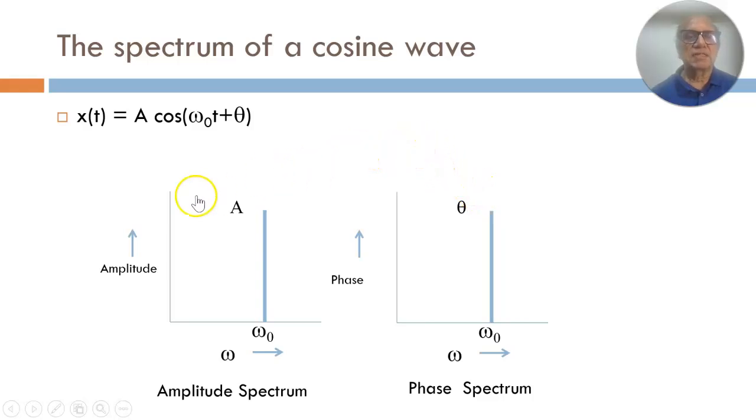This is called the frequency spectrum of the cosine wave, that is these two plots together. One is called the amplitude spectrum, as we said, and the other is called the phase spectrum.